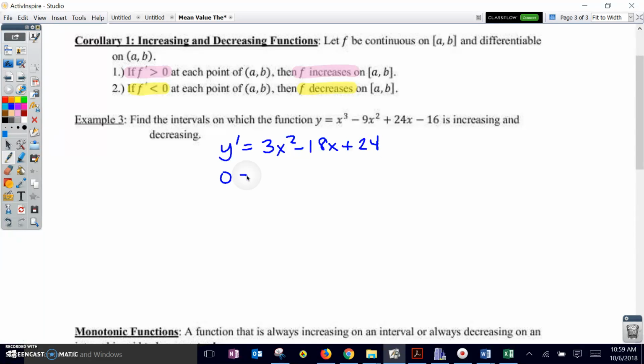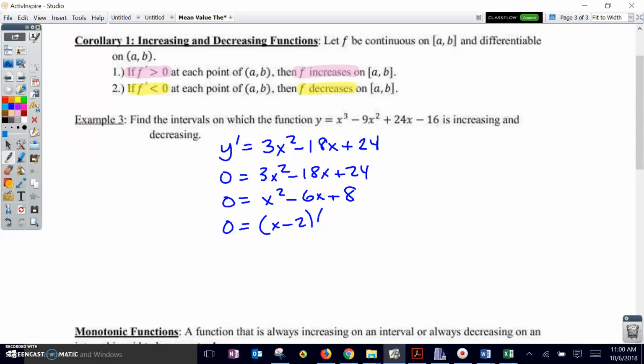So if I set this equal to 0 and solve for x, and this is one I can actually do pretty easily by factoring, I can divide everything by 3, gives me this function, and so x is equal to 2 and x is equal to 4 are the zeros.